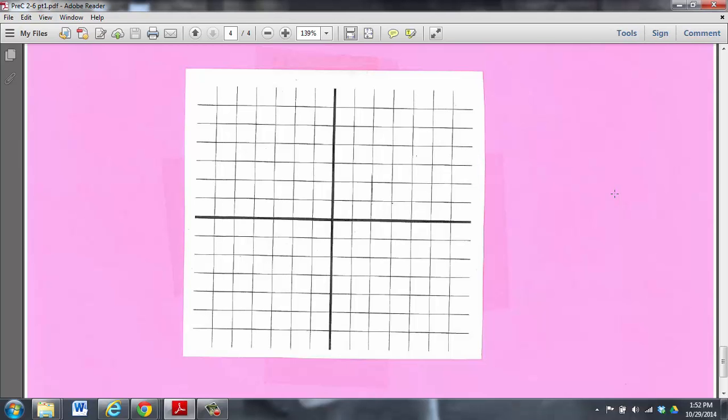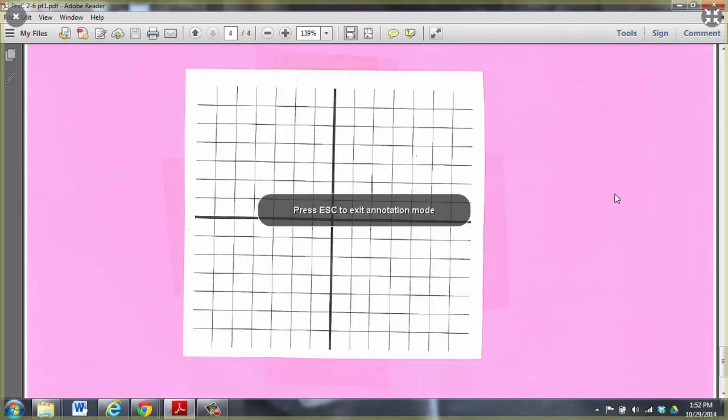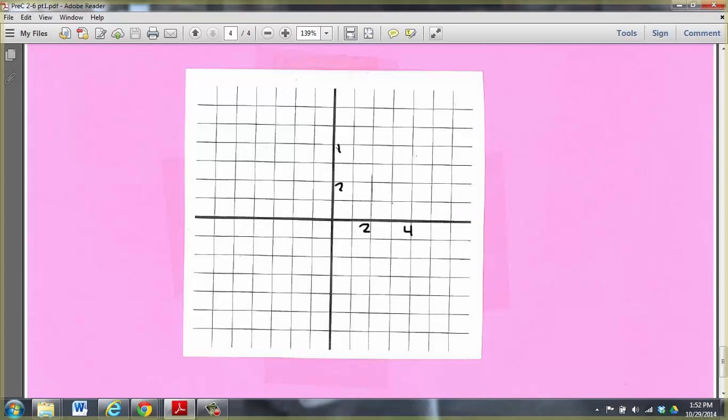Okay, so 2, 4, negative 2, negative 4. I have a horizontal asymptote at 1. I have a vertical asymptote at negative 2.